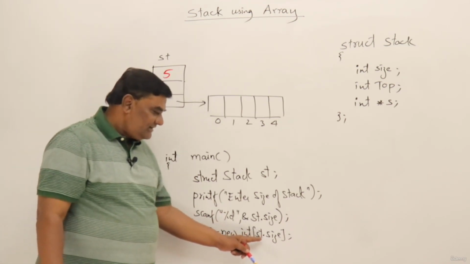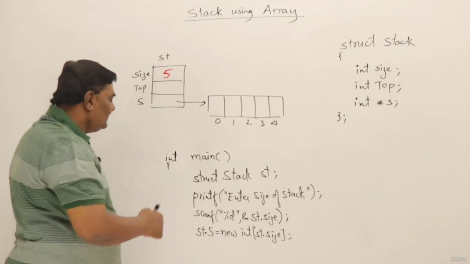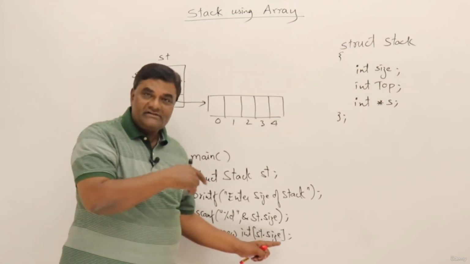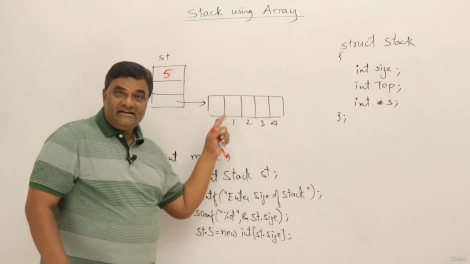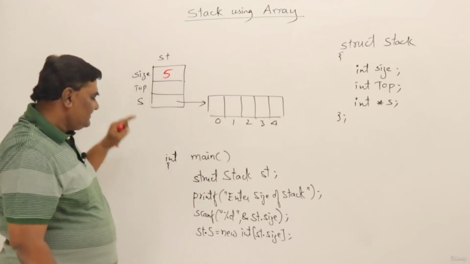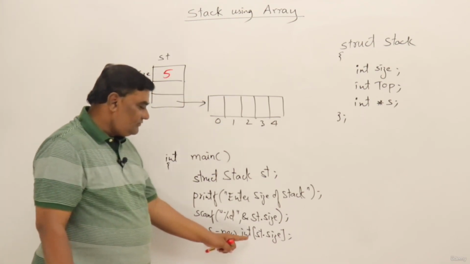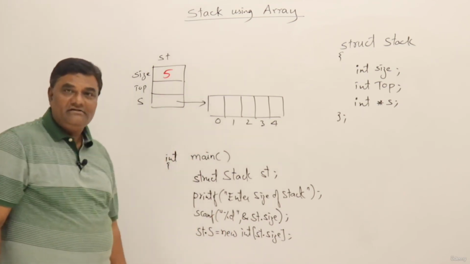Of what size? st.size, which is 5. So new int of size 5. An array is created and its address should be stored here, in st.s. So st.s is assigned new int st.size. So an array is created and it is assigned here.